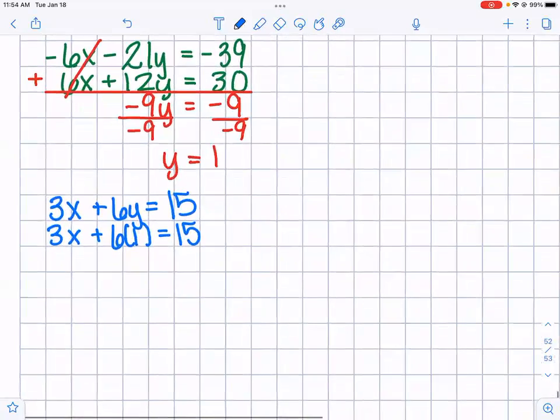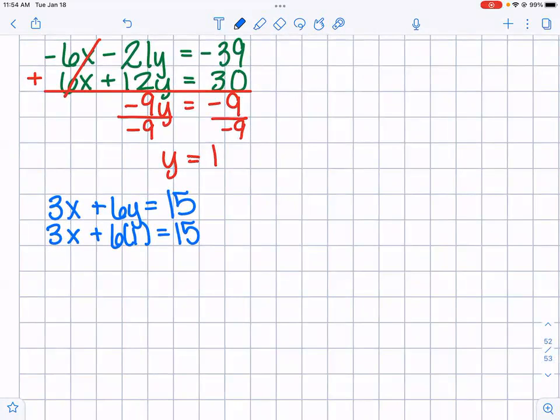Okay, so we should all have that. If I'm going to solve this, what should I do first? Distribute. What's 6 times 1? 6. 3x plus 6 equals 15. Where am I going from there? Subtract the 6. We want it to cancel, trying to get x by itself. 3x equals, what's 15 minus 6? 9.